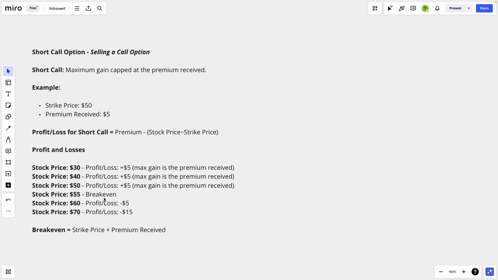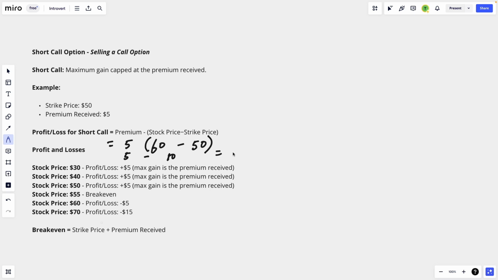Now what we can see is that as the stock price moves up, we are going to start to lose some money. So when the stock price is 60, the strike price is 50, and our premium was 5, we're going to be 10 here, and we're going to be 5 minus 10.